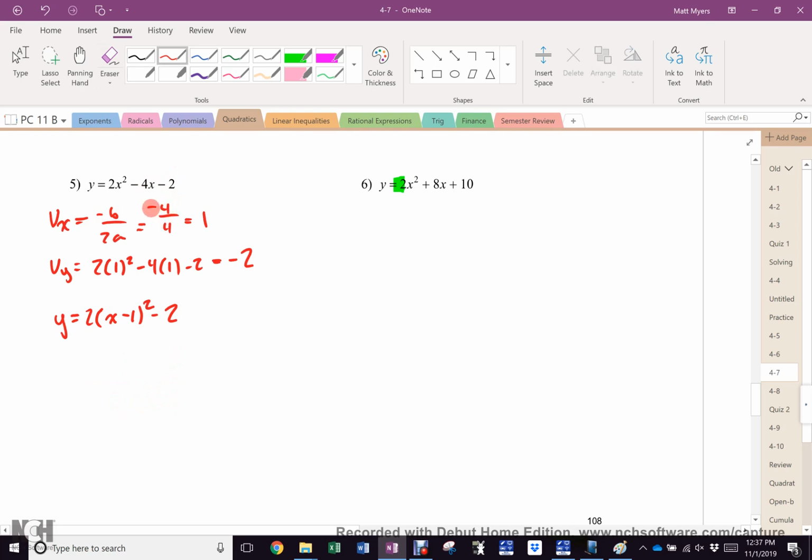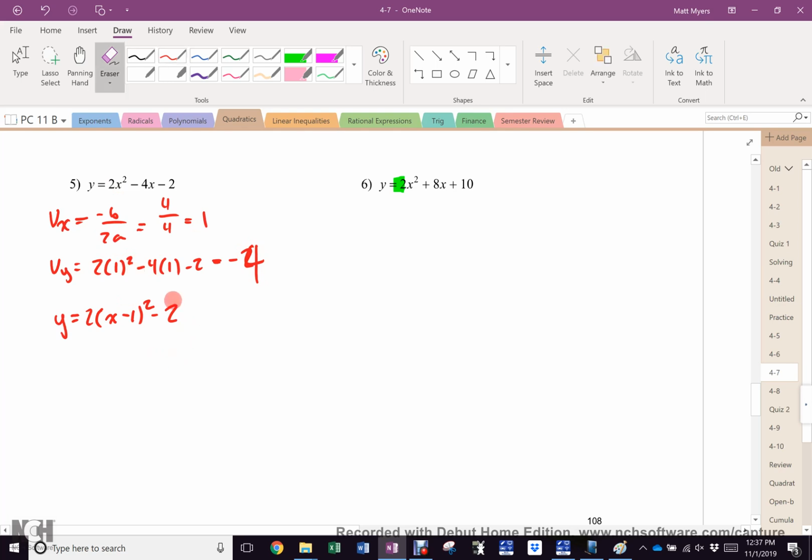Oh! Negative 4 is positive 4 divided by 2 times that's 2, 1. Yes. 2 times 1 is 2 minus 4. 1 squared. So it's 2 minus 4, it's negative 4. There. 1 squared is 1.